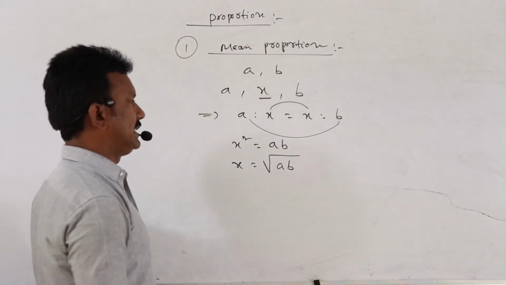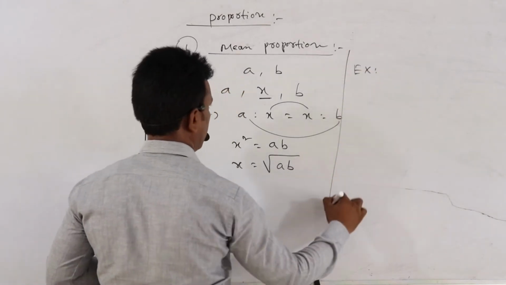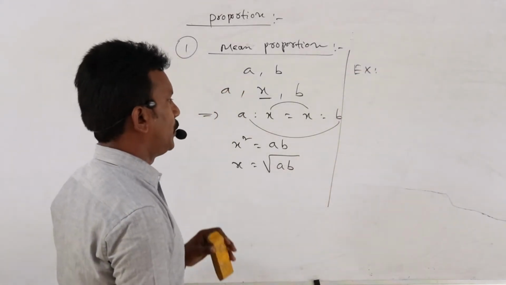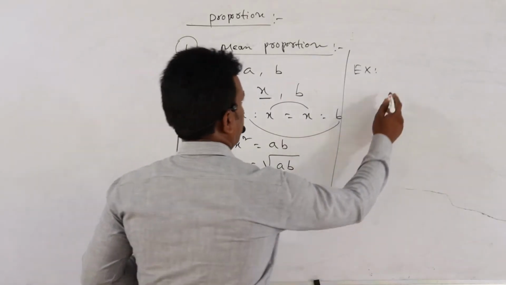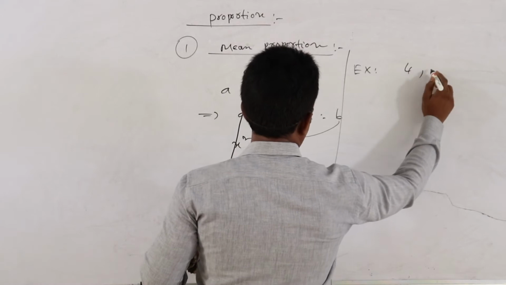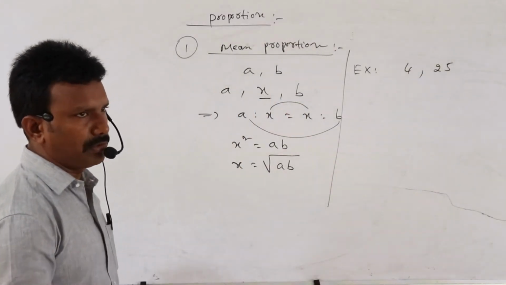Let us check with one example for the mean proportion. Find the mean proportion of 4 and 25. What is the mean proportion of 4 and 25? This is our question.